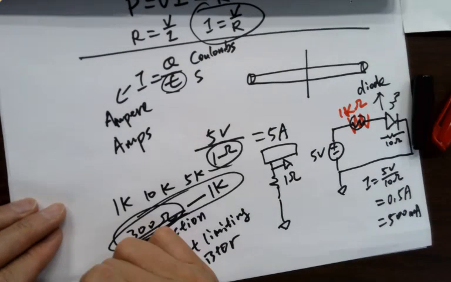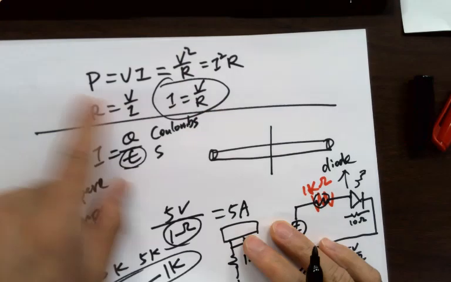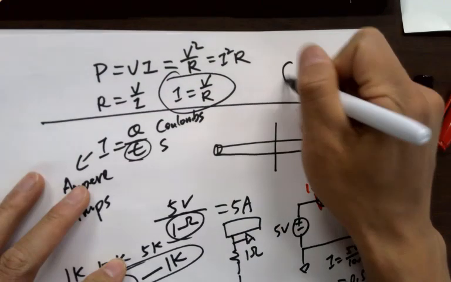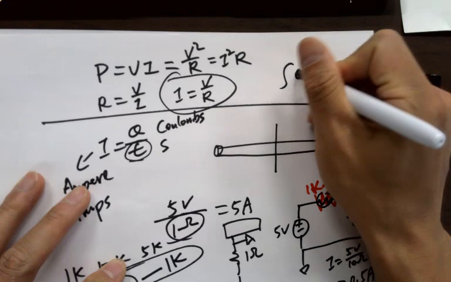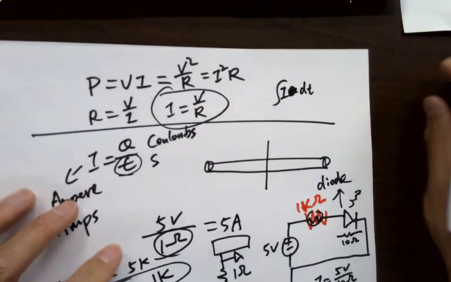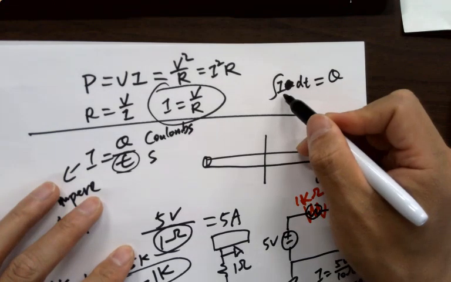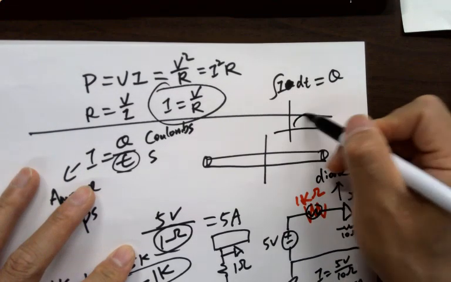All right. So the equations are these equations. Are there any other equations? If you integrate I over time, you get Q. So if I is not a constant, you got an I like that.